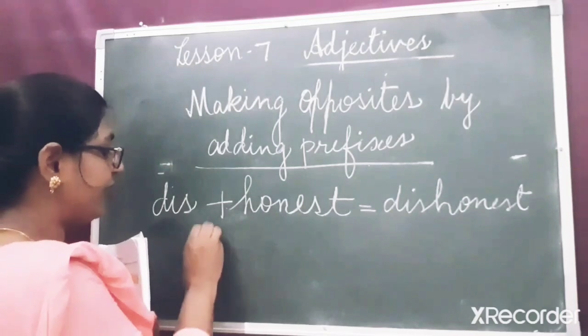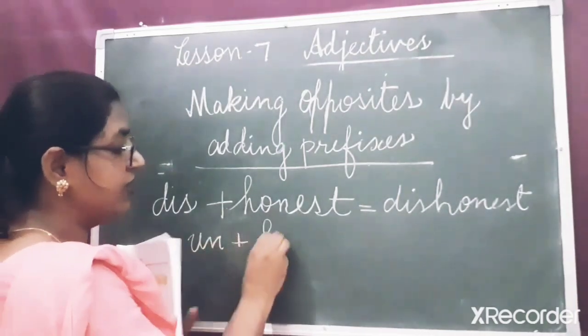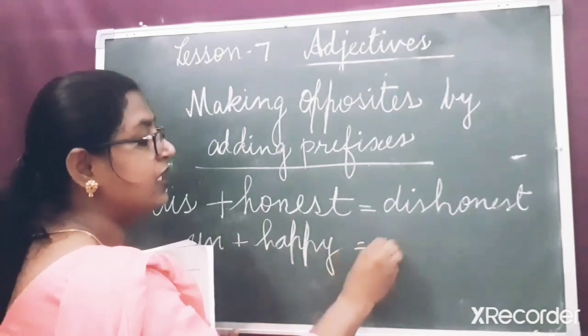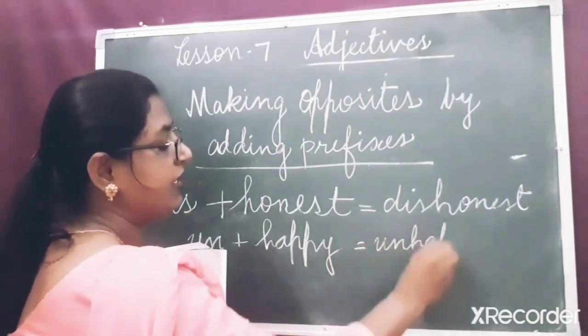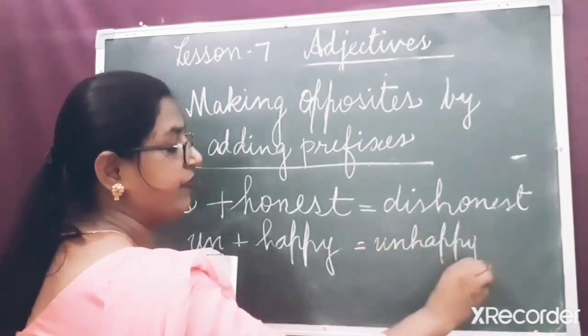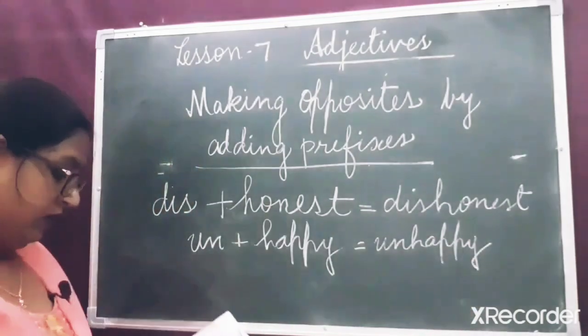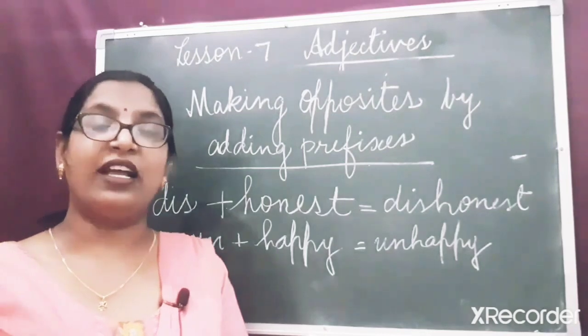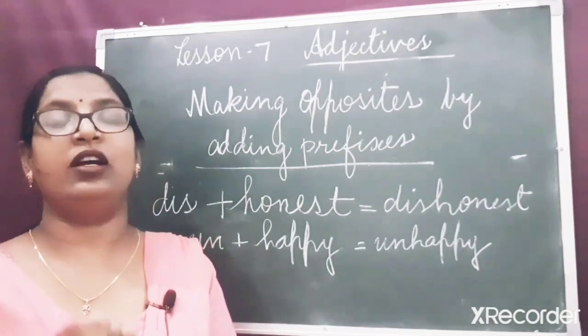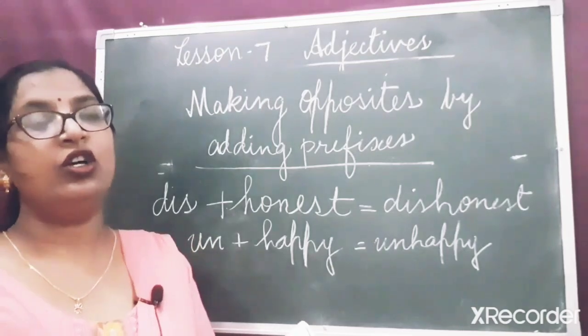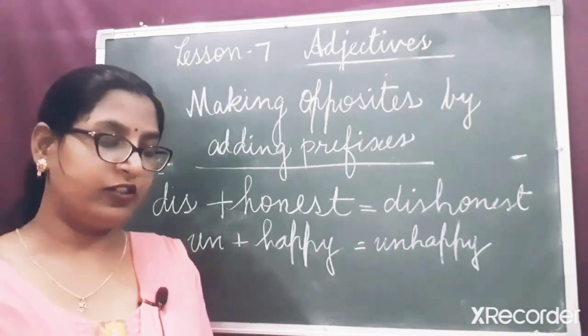The prefix un plus the word happy becomes unhappy. Likewise, we can add prefixes at the beginning of a word to make the opposite or negative word.